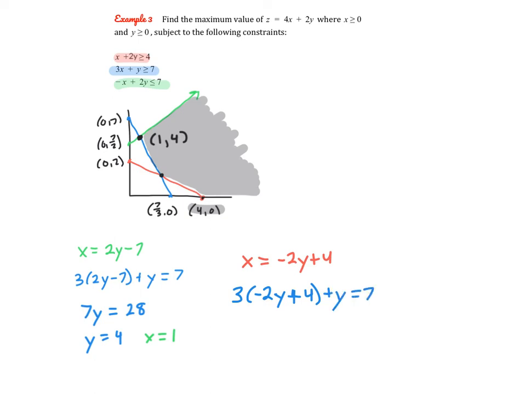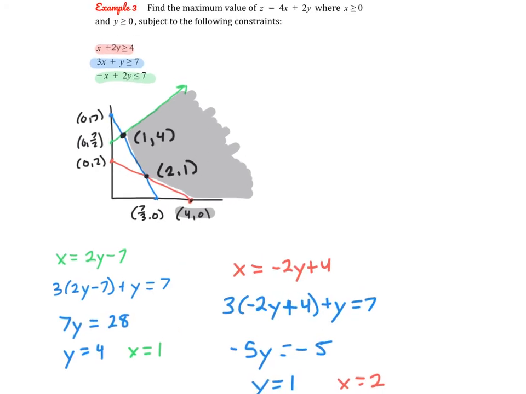So here, if I start combining like terms, we have negative 5y equals -5. So y will equal 1. And if we substitute that back into the original equation, we get x equals 2. So this coordinate occurs at 2, 1.